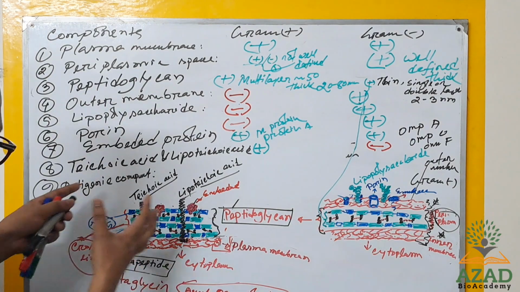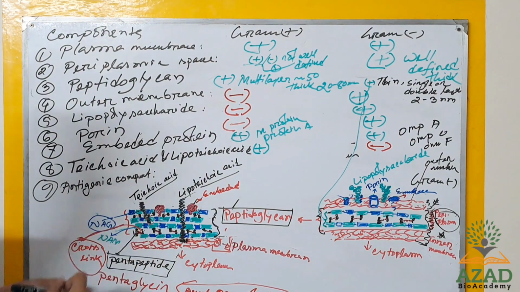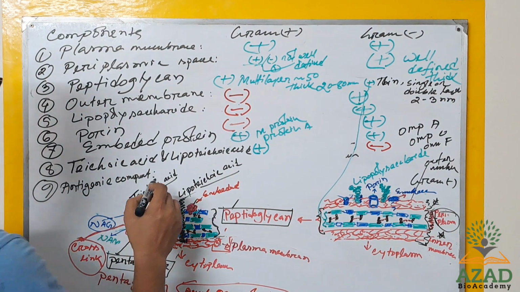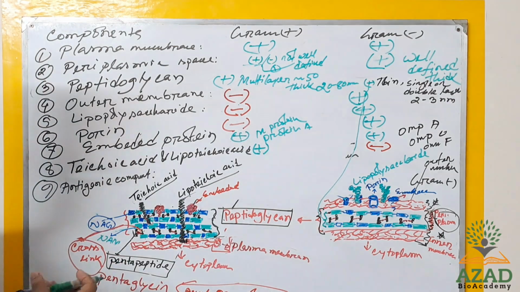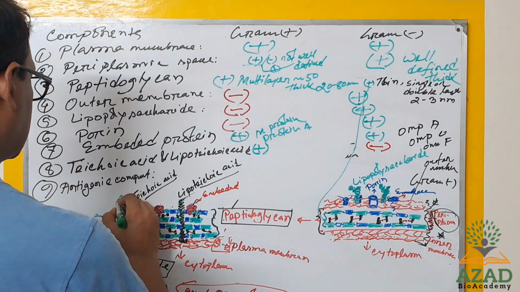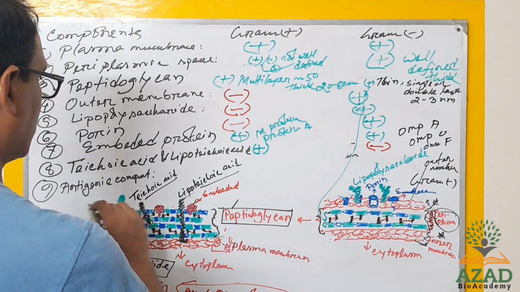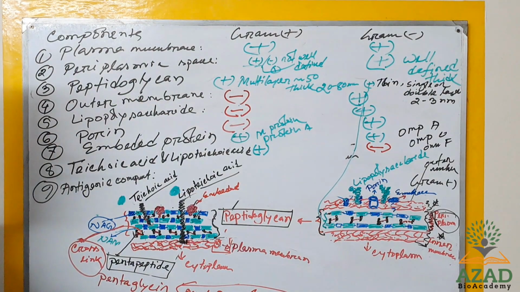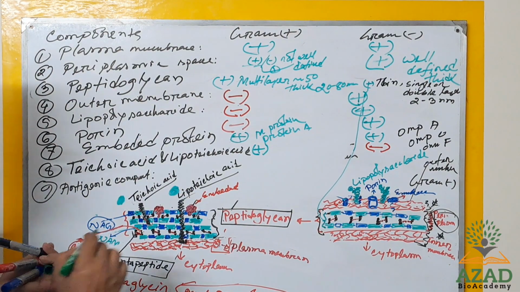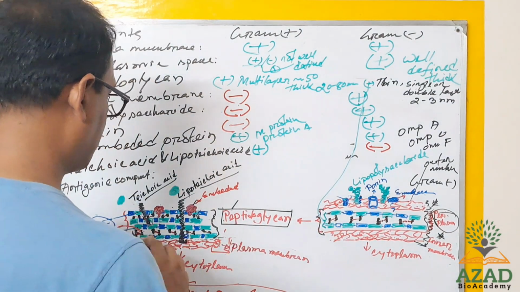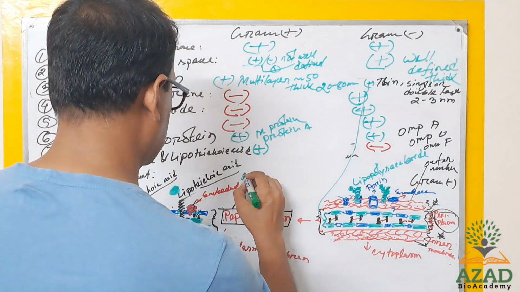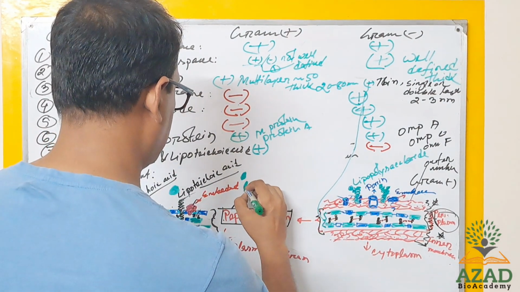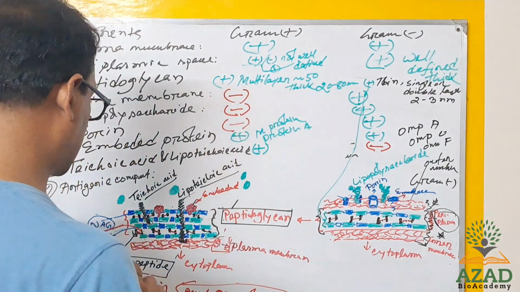If I go with the gram-positive bacteria, I will mark it in green color. This is the antigen: teichoic acid, lipoteichoic acid. These are highly antigenic substances. Also some embedded protein, I will mark it in green color.